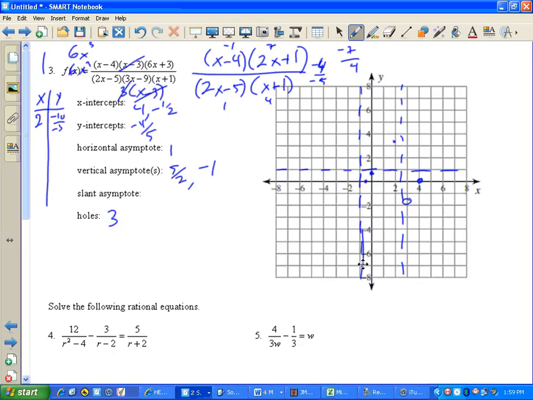So we're going to do this. Follow that asymptote. Oh, let me undo that. Follow the asymptote, cross the 0, hit the intercept, hit this, follow that up.